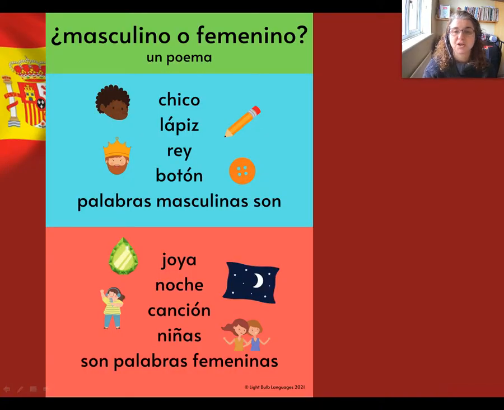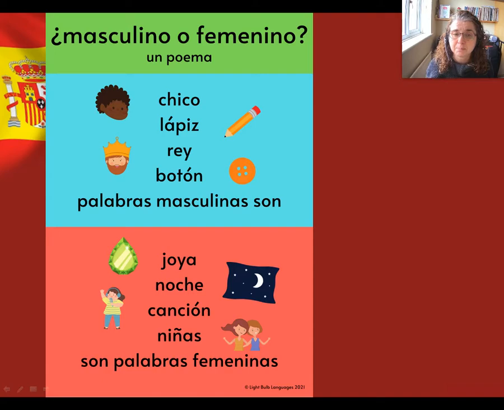Now, all of those words that you've just sorted into masculine or feminine are in this poem. And we're going to have a go of saying this poem all about masculine words and feminine words. So the poem's title is Masculino o Femenino. Escuchad y repetid.